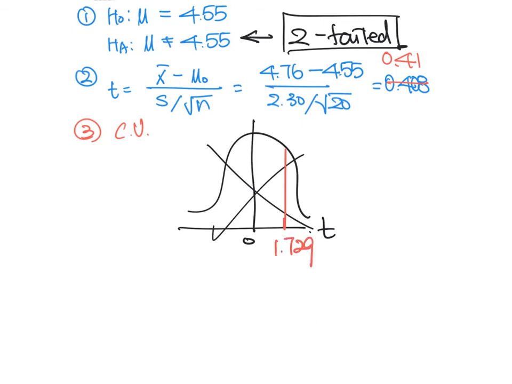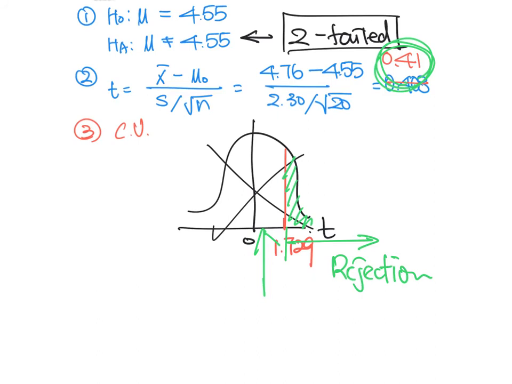Okay, but the test statistic was here. It's not in the rejection region, right? The rejection region is here, but the test statistic is less than the critical value. It's 0.41.